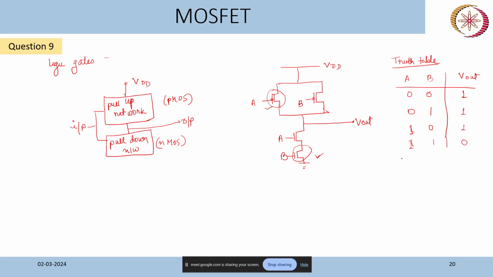So this is the truth table for a NAND gate. What is V out? V out is A dot B bar. If you draw the K map and calculate it, then you will get V out as A dot B bar.